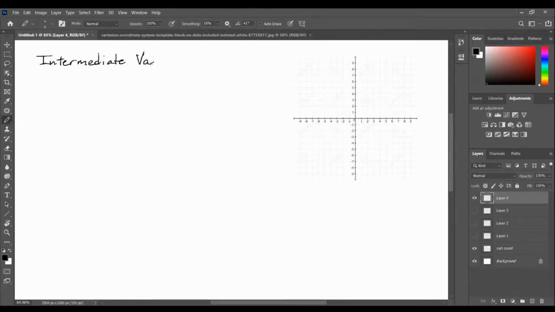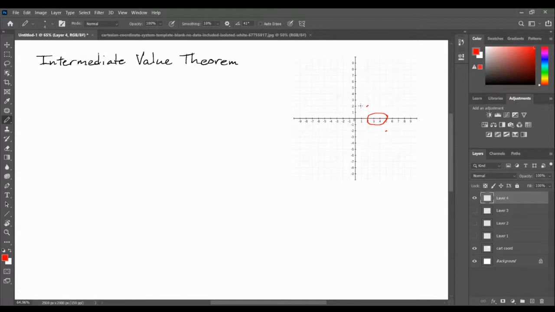But what it says is, if you have a graph with a y value above the x-axis and a y value below the x-axis at another point, there has to be somewhere between there where you have a 0.